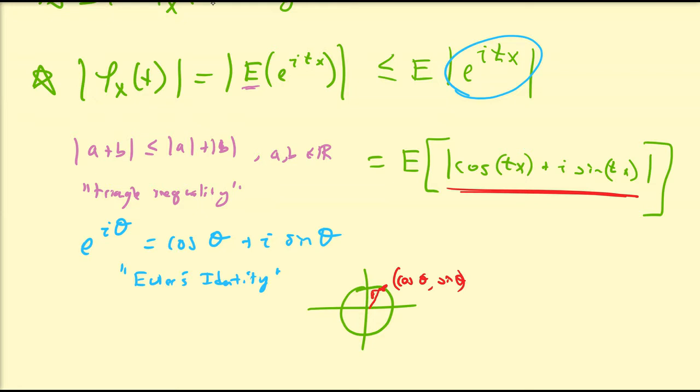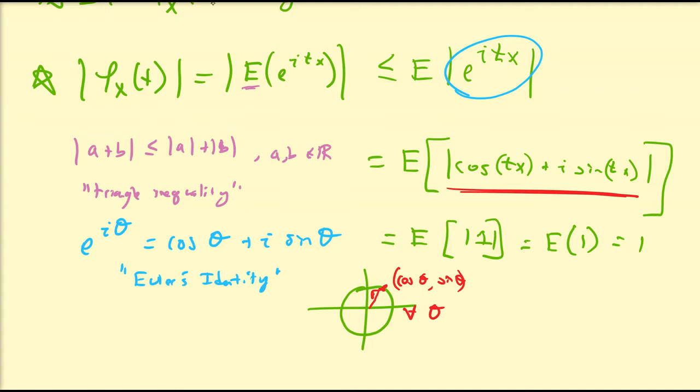And remember that the absolute value tells us the distance from the origin of some complex number. This is going to be true for all values theta, and that's true for all values tX as well. So this absolute value is precisely equal to its distance from the origin, which is 1, and the absolute value of 1 is just 1, and the expectation of 1 is just 1 as well.